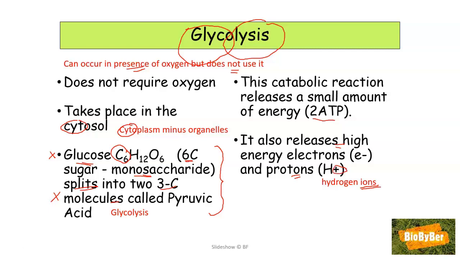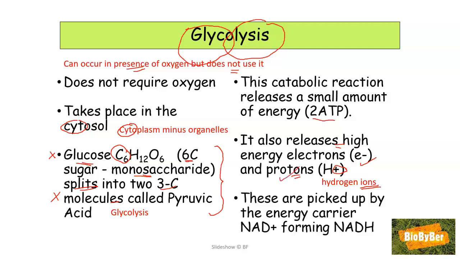So this is a hydrogen ion because it's H+, not a hydrogen atom. Now these high energy electrons and protons are picked up by the energy carrier NAD+, forming NADH, and thus glycolysis is completed. What happens in anaerobic respiration after this depends upon which cell it takes place in.